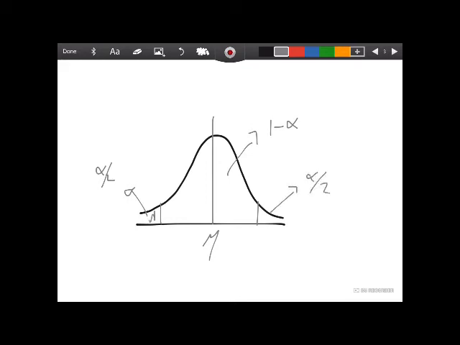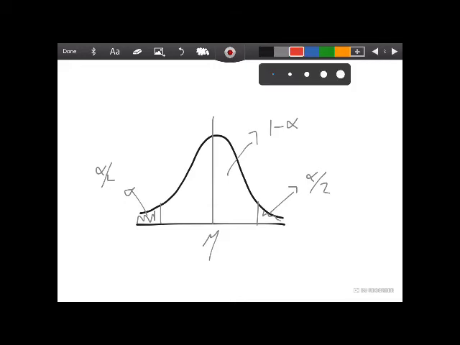Okay, that's important, because that's going to give us a way in which we can actually determine the estimation of mu, the confidence interval if sigma is known.